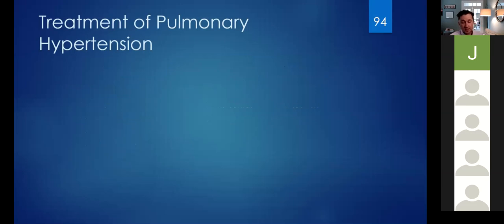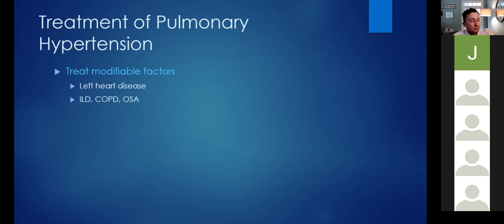In general, though, once a diagnosis is made, that's when we need to start getting help from a specialist. So the first tenet of the treatment here: treat your modifiable risk factors. So if they've got heart disease, ILD or COPD, sleep apnea, address what you can, try to tune those up as much as you can.